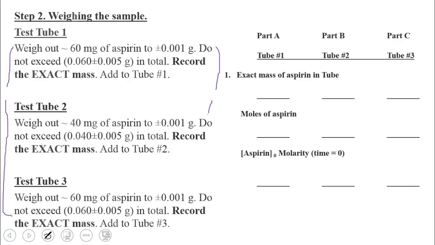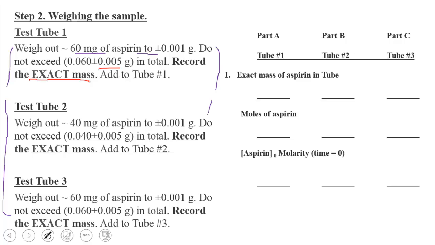We want to weigh out about 60 milligrams of aspirin, and be careful not to exceed a wide range of that, because we want to make sure test tubes 1 and 3 have relatively the same amount of aspirin in them. You do want to record the exact mass. Don't spend all day trying to get exactly 0.060. It's not going to happen, but you can have it plus or minus 5/1000ths of a gram.